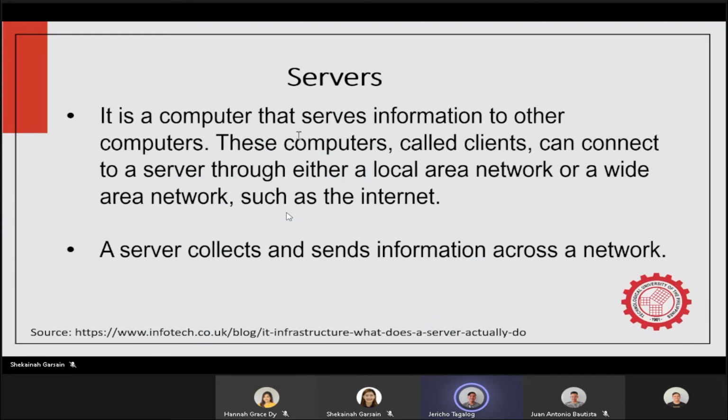Tapos possible to in LAN or local area network na magko-connect ang dalawang or multiple network through a cable.